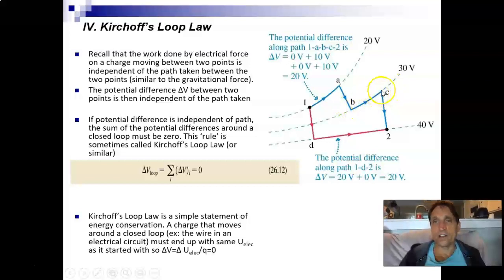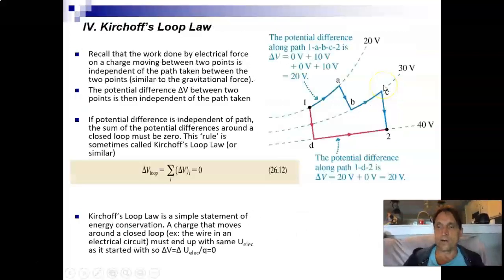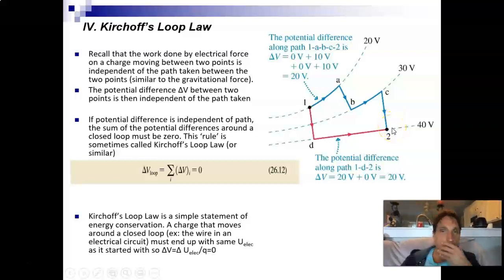No work is done there. And now it goes from C to point 2, and its potential increases from 30 to 40, another 10. And so when we add all of these up, the change in the potential going from 1 to 2 is plus 20 volts.